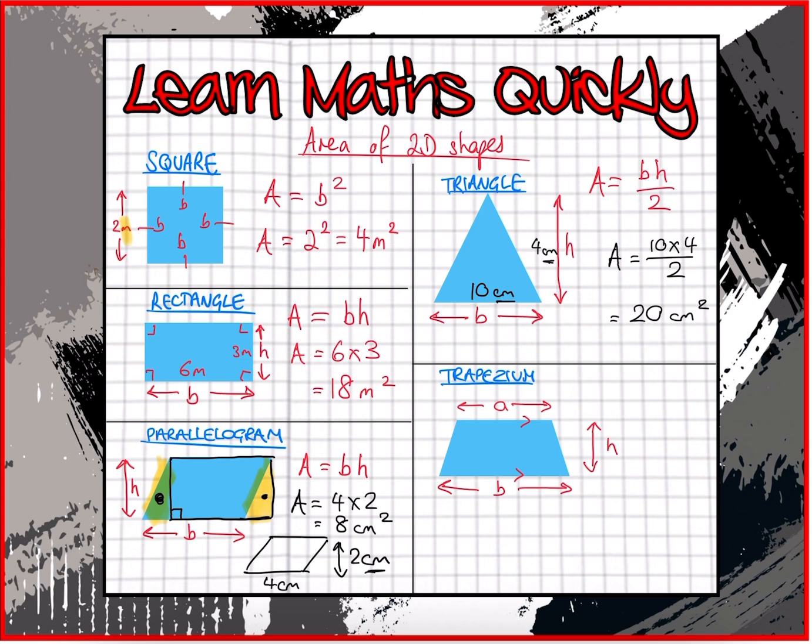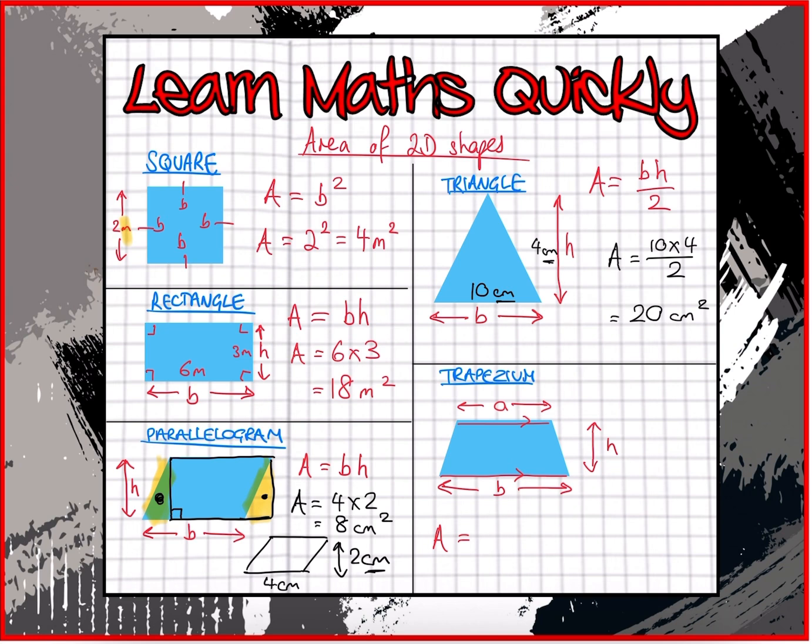Now the issue we've got here is that the top line isn't always the same length compared to the base. So we need to find an average of the lengths of the top line along here and the base along here. Now to find that average, you need to add them together and divide them by 2.